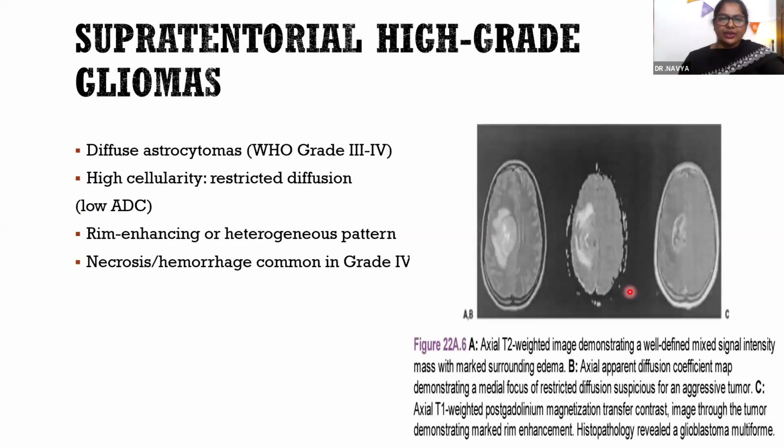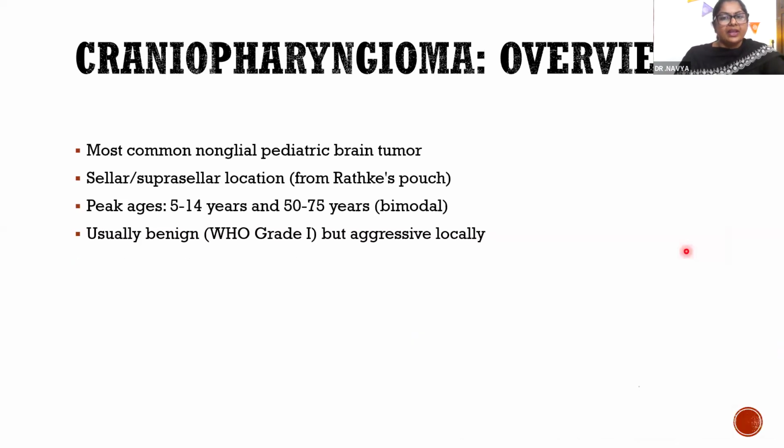High grade gliomas, on the other hand, usually the diffuse astrocytomas, as we spoke, are grade 3 or 4. They are highly cellular. You see this rim pattern here. This heterogeneous pattern is very characteristic of high-grade gliomas. And of course, there's necrosis and hemorrhage because of the rapid division of the cells.